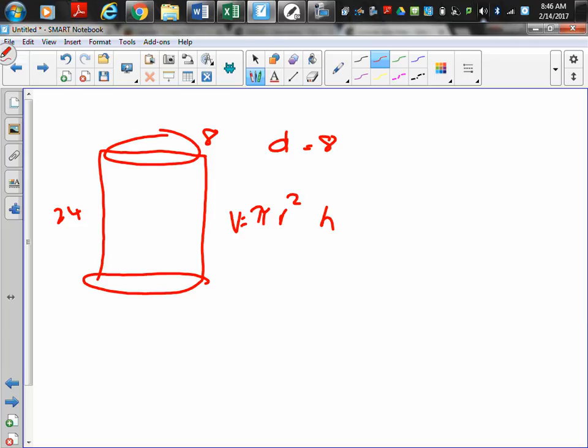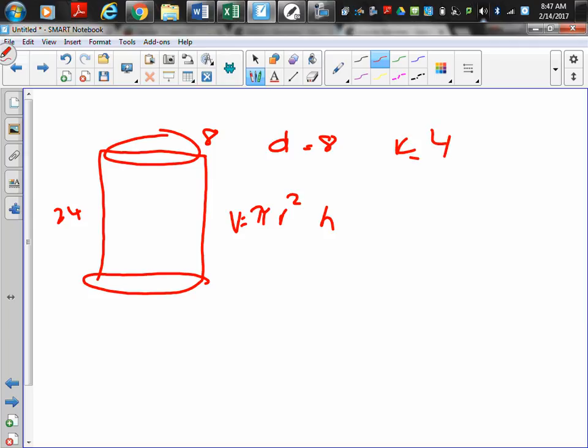So I have to make my D into what? Into the radius. Good. So I got to do what? Divide it by 2. So r equals 4.